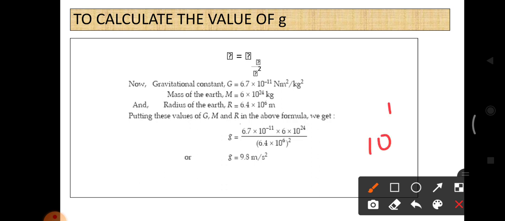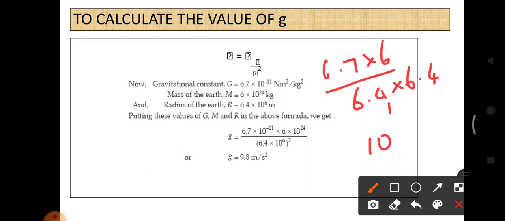So if you multiply 6.7 into 6 by 6.4 into 6.4, we get the final value 9.8 meter per second squared. So the acceleration due to gravity is 9.8 meter per second squared.